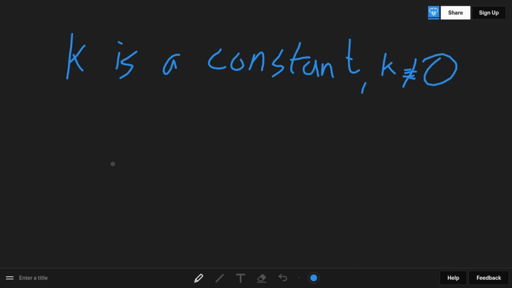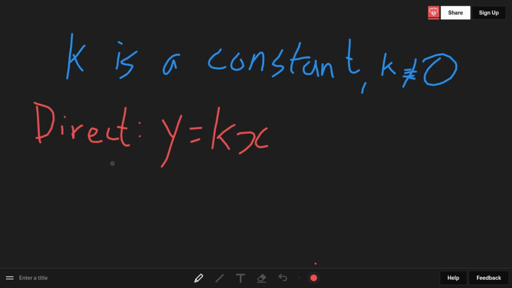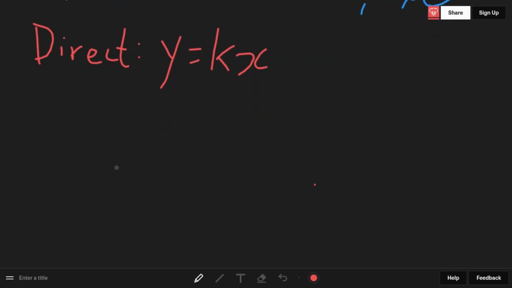So direct variation is when y varies directly as x, and with k as our constant, it'll look something like this. Depending on k, y depends on x.